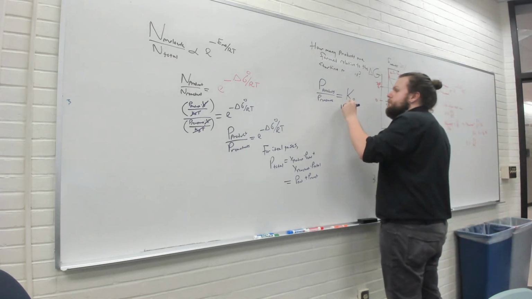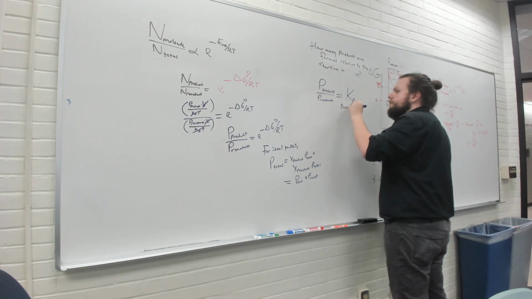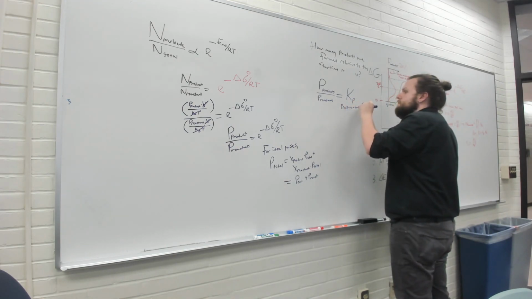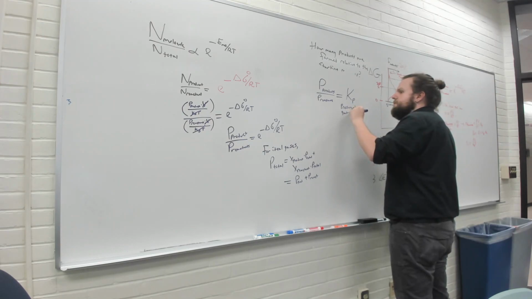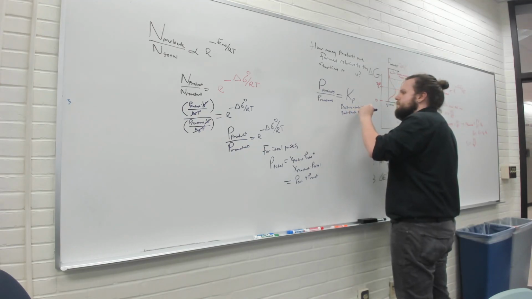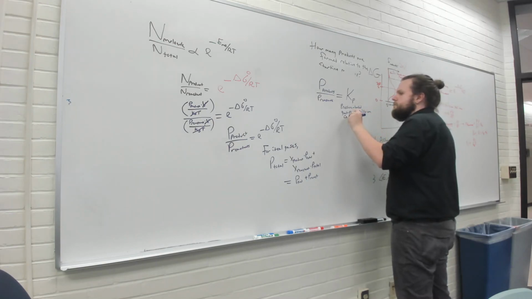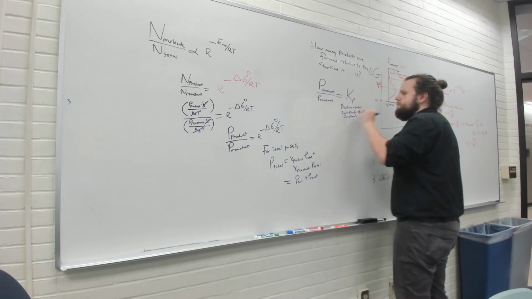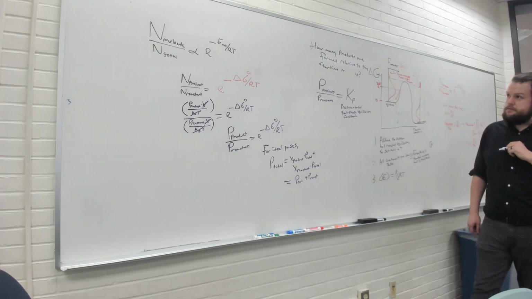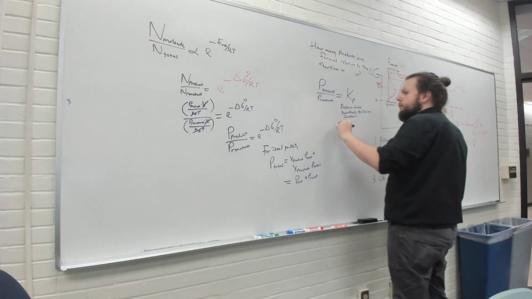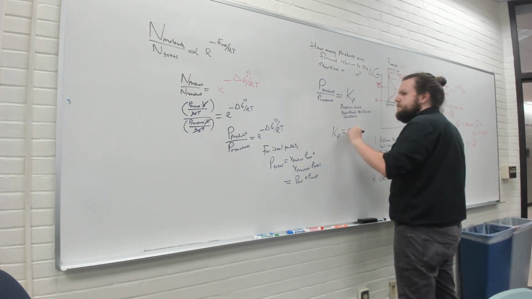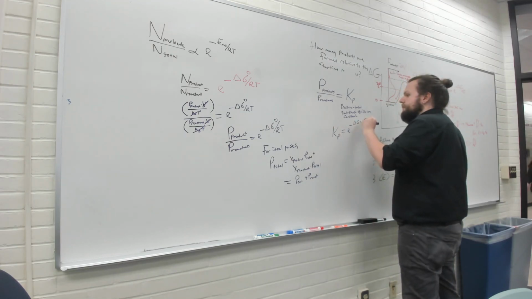So this is the pressure-based gas phase equilibrium constant. So we have now Kp is equal to minus delta G over RT.